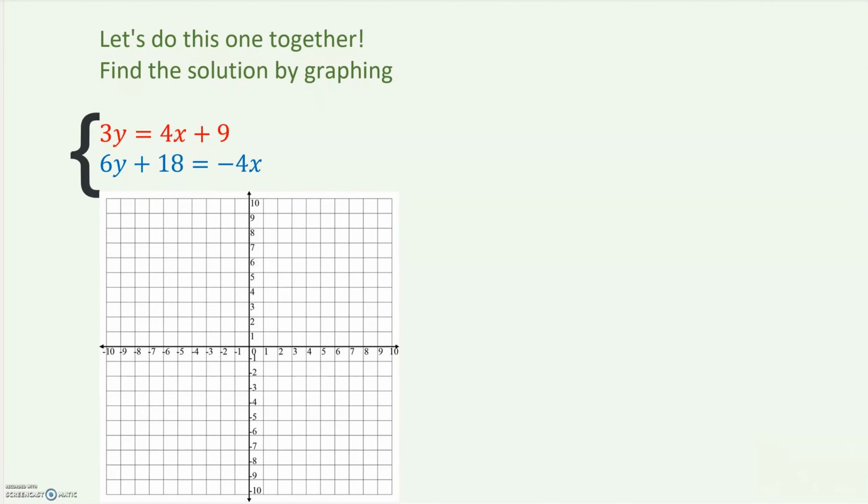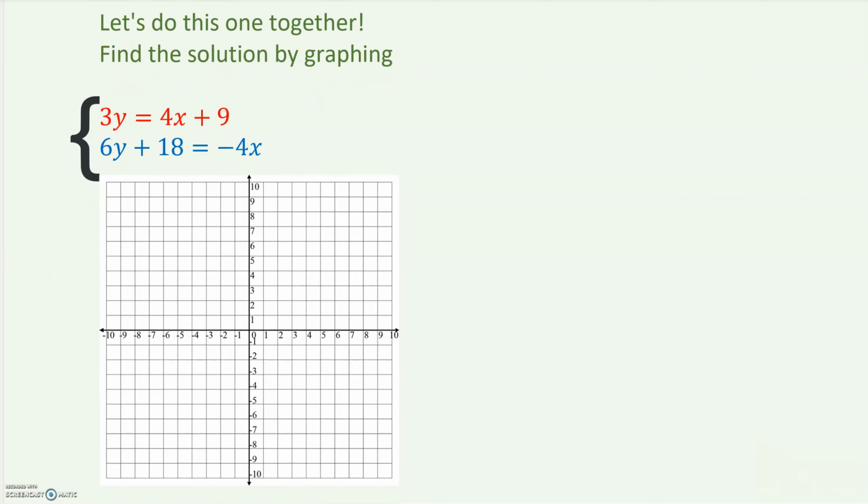So let's start by working on this one. As we can see, we have 3y = 4x + 9 and 6y + 18 = -4x. So for both of these equations, we have an x and a y. All that we're going to do is get the y's all by themselves.